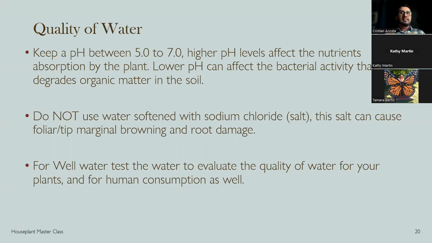So when the pH is too high, 7 or higher, even if we buy the best fertilizer on the market, even if it's liquid and ready to put directly on the plant, it's difficult because of the chemical reactions happening in the soil, in the substrate. It's hard for the plant to take those nutrients.